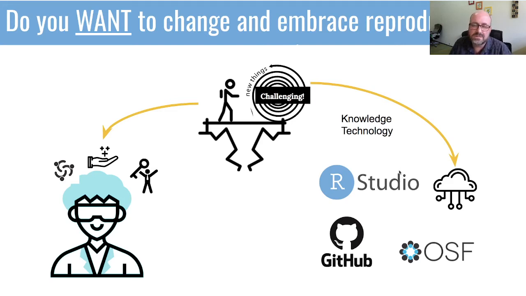I mean, there were different ways of sharing your data, like supplemental material. All the dissertations and theses that we produce, for example, have a supplementary section with all the data. So that's something that's not new. What is challenging is that there are better ways nowadays to embrace reproducibility and do a better job of facilitating others to reproduce our research.